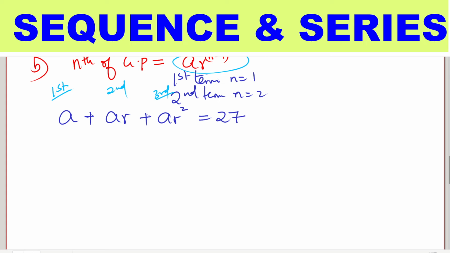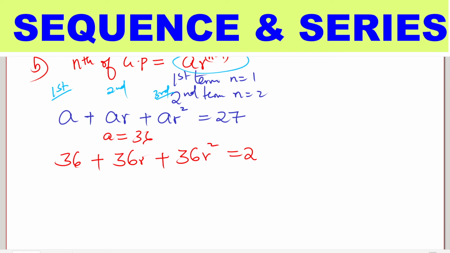The first term is a, which is 36. So you just need to substitute here. The first term is 36, plus this will be 36r, then plus this will be 36r squared, is equal to 27. So this is the equation that we need to solve.